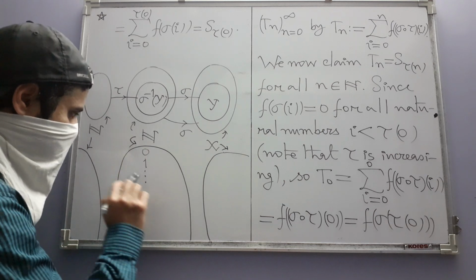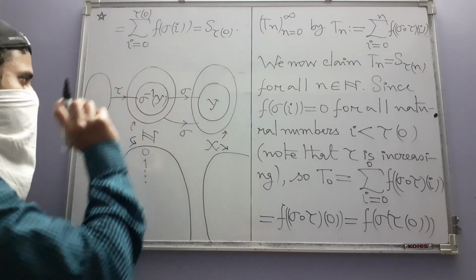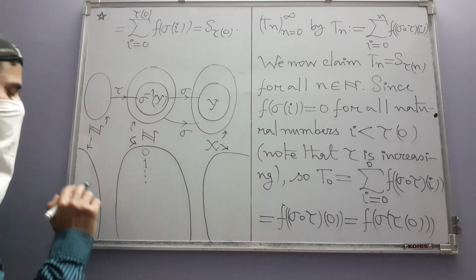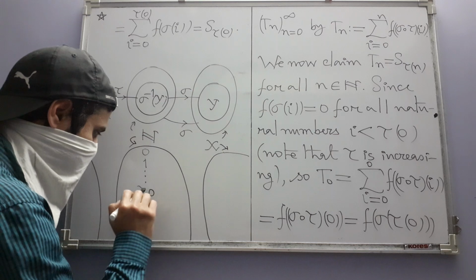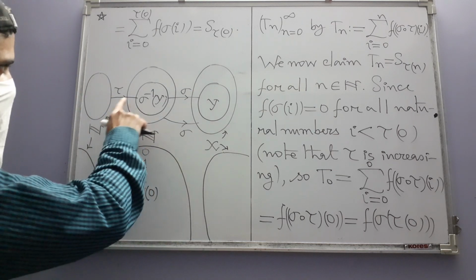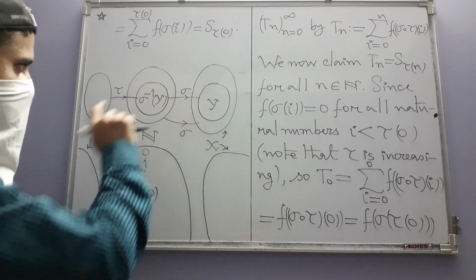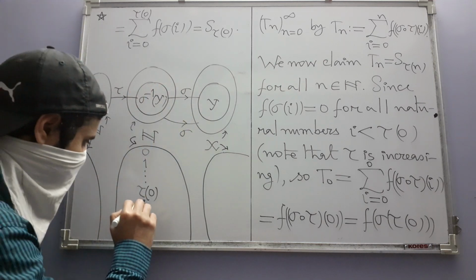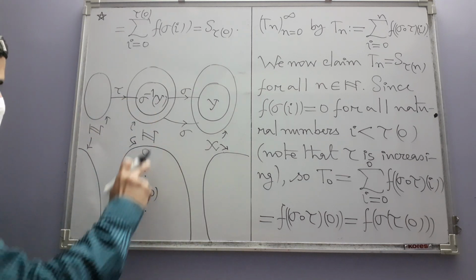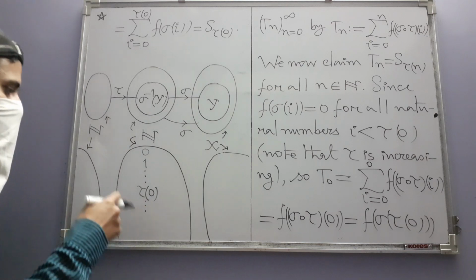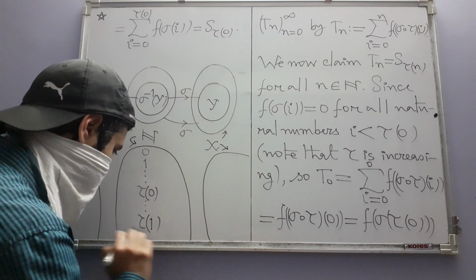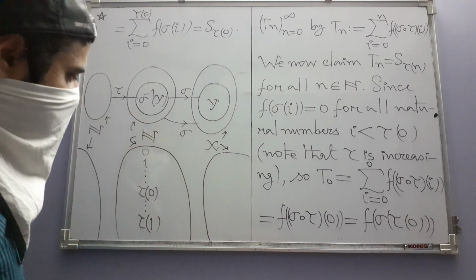Say these first few elements are not in sigma inverse of y, but then you encounter the first element of sigma inverse of y in the form of tau of 0, because tau is already giving an order to the elements in sigma inverse of y. Then maybe you miss some more elements of n in sigma inverse of y, but then you encounter the next element of sigma inverse of y.